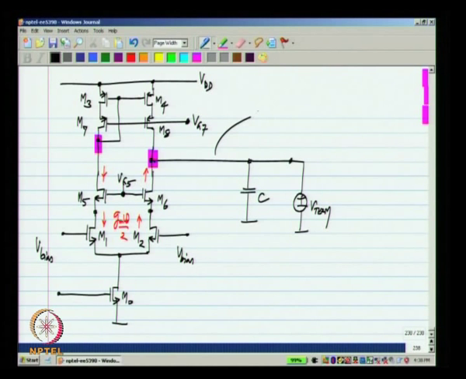This voltage will be at VDD minus VSG 3, the VSG of transistor M3. Now, I terminate that with a voltage V term equal to VDD minus VSG 3. So, in the quiescent condition the current here will be 0, and if we apply an increment some current will flow there.